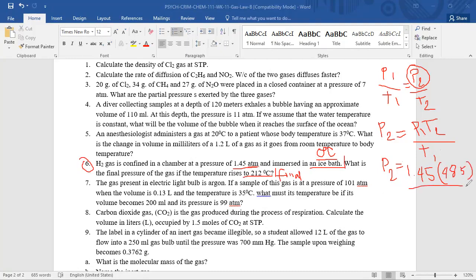Ayan. Divided by 0 degree Celsius. That is 273. So, compute natin. 1.45 times 485 divided by 273. So, final pressure natin ay 2.58 atmosphere. Okay?